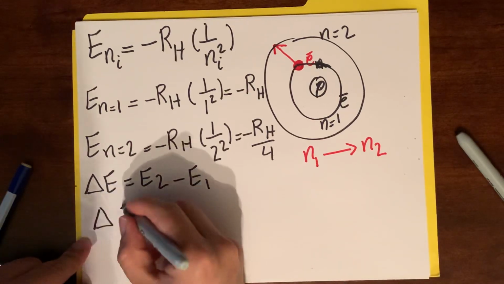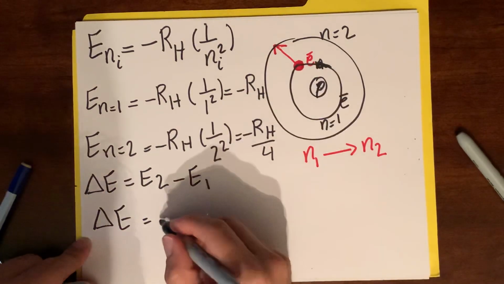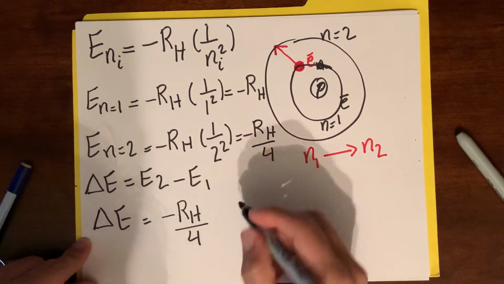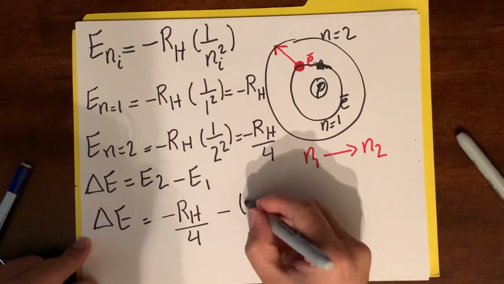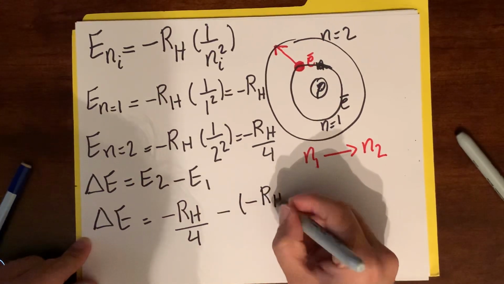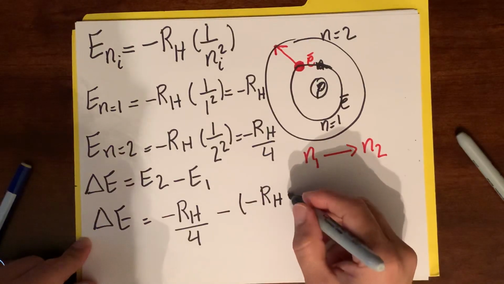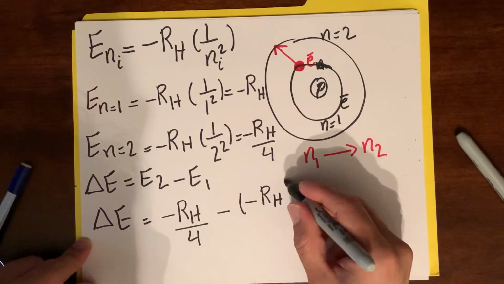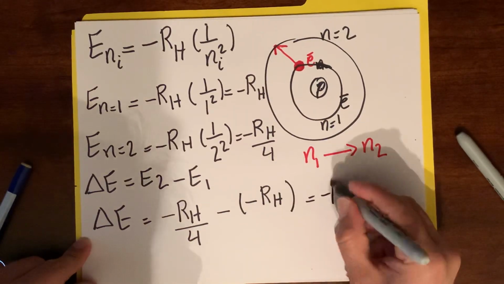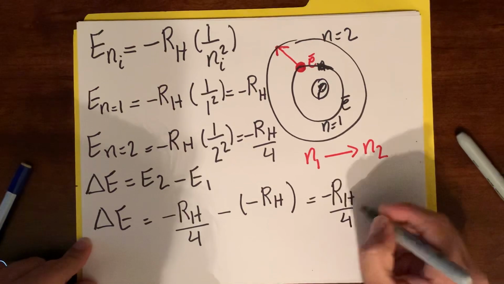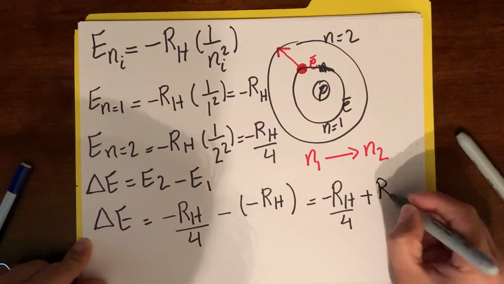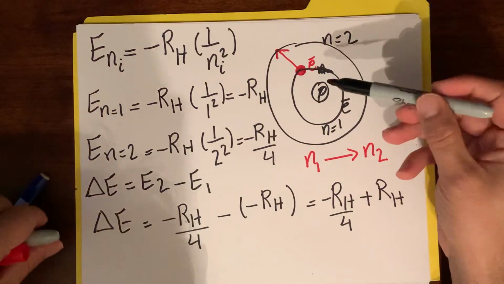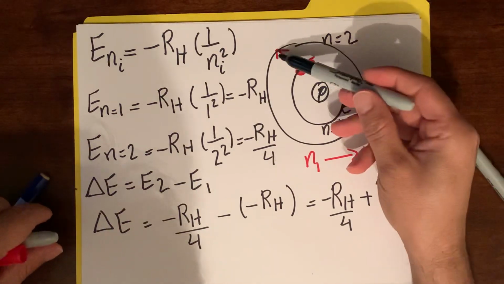So delta E, we got it: minus RH divided by 4 minus minus RH, okay, for the first one. You can put 1 here as a denominator, or just keep it. So it will be minus RH over 4 plus RH. That's the change in energy when you send an electron from N1 to N2.